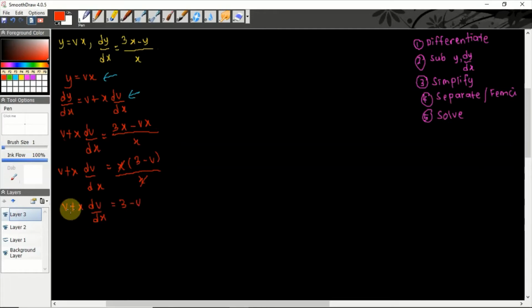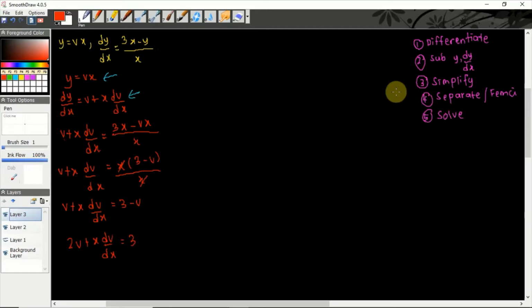Here got v, here got v, so I can bring negative v to the left side. It becomes positive v. V plus v is 2v, plus x dv/dx equals 3.